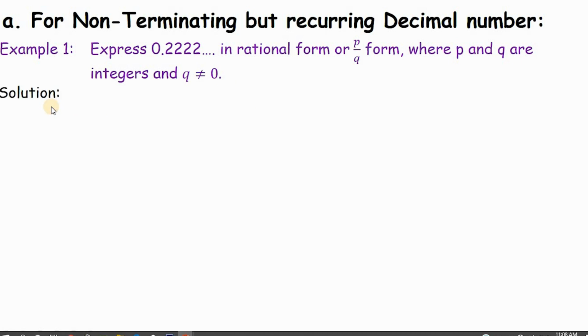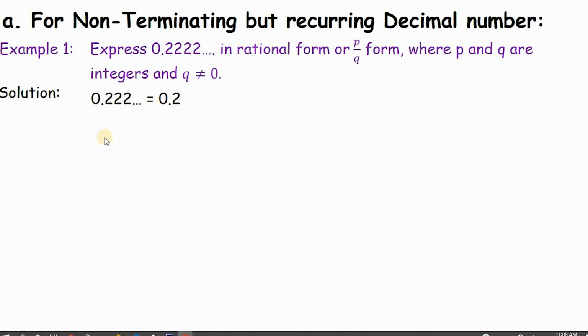We'll write the solution first, and in this part you have to follow certain steps to reach the answer. The first step is to take down the number 0.222, which can be written as 0.2 bar. So here one digit is repeating.